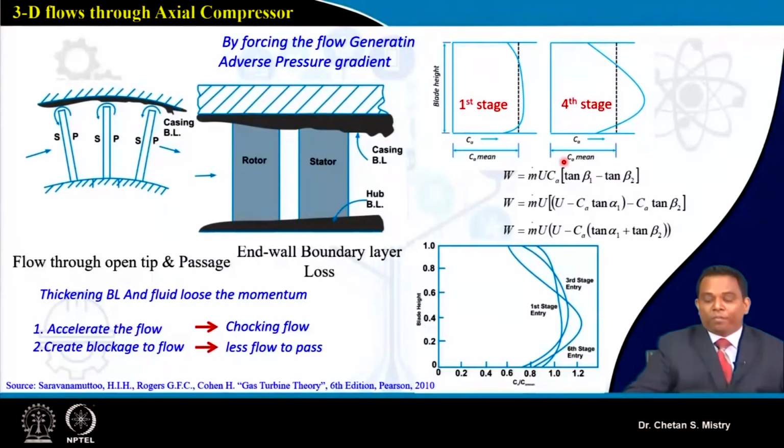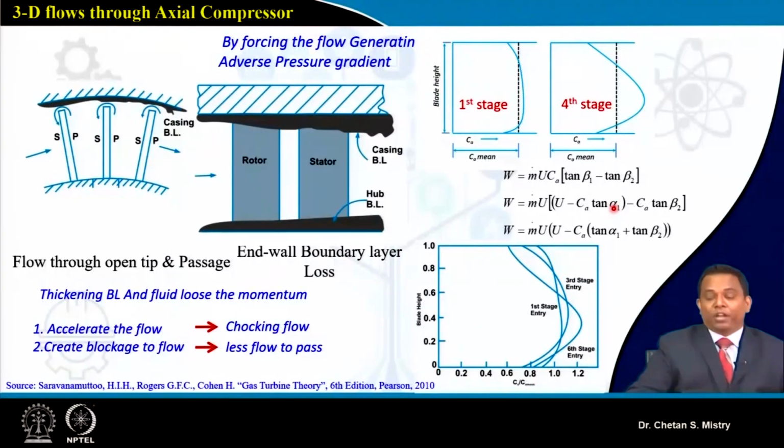Now what we know from our fundamentals, my work done is given by this relation. Based on my understanding of the velocity triangle, I can replace this tan beta 1 in terms of U and tan alpha 1.